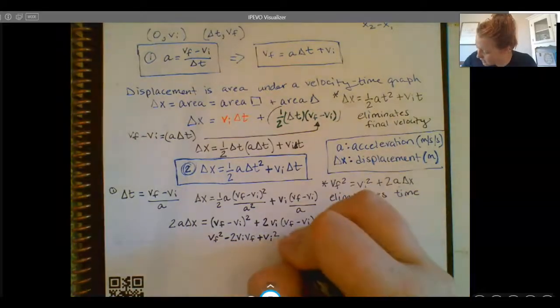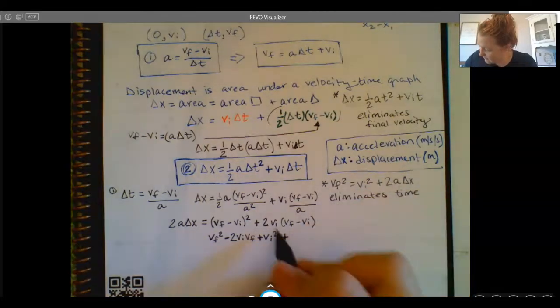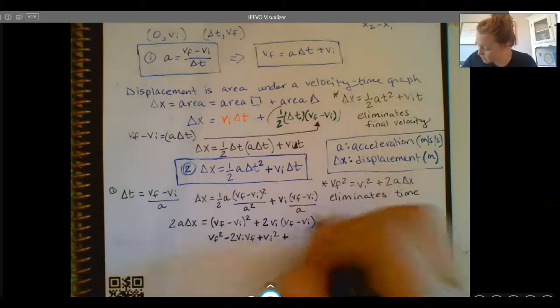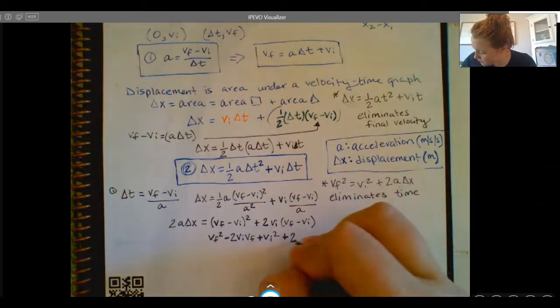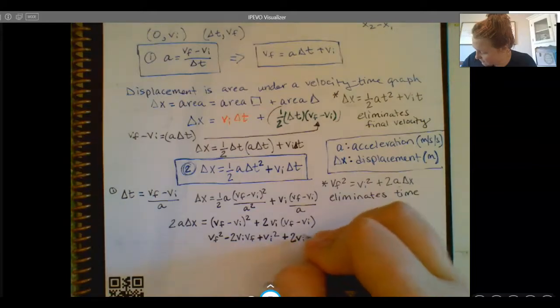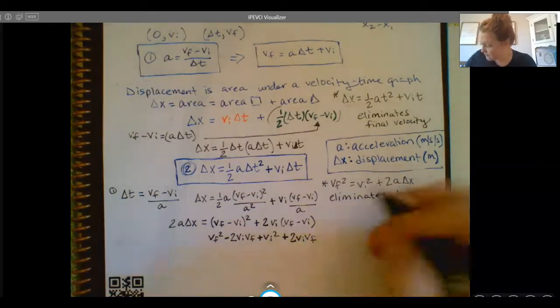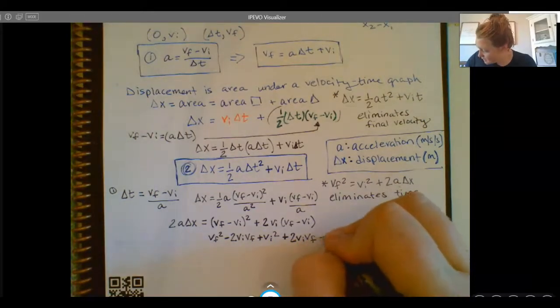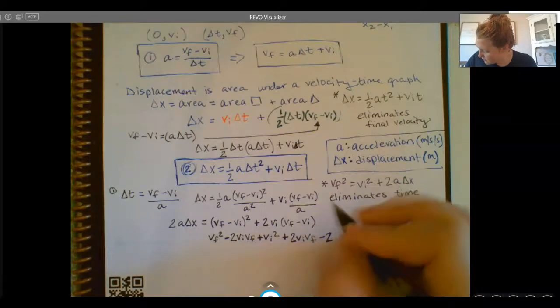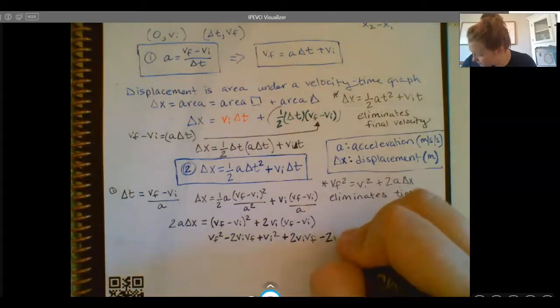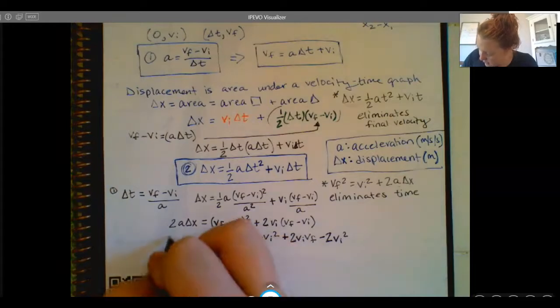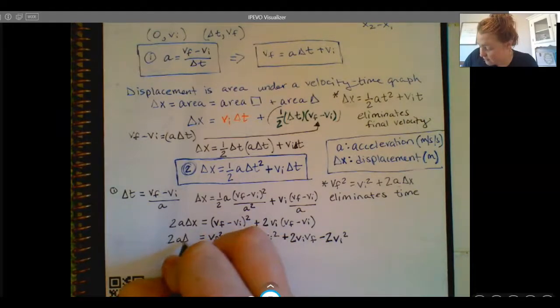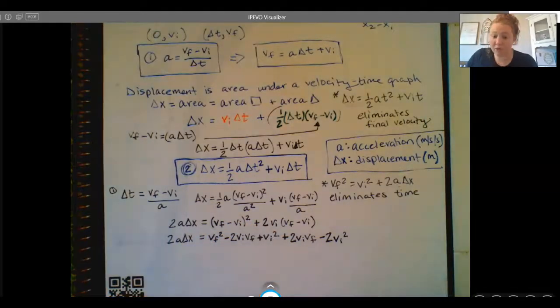Okay. Now we have this part to deal with. I'm going to go ahead and distribute. So we will have 2 VI VF minus 2 VI squared. Hopefully you're already seeing the equation. If not, don't lose your mind because we're going to get there.